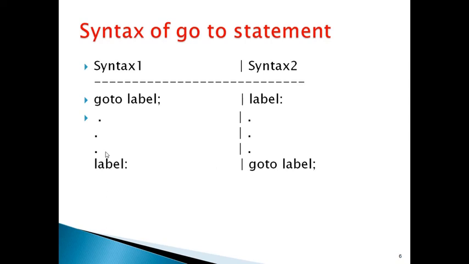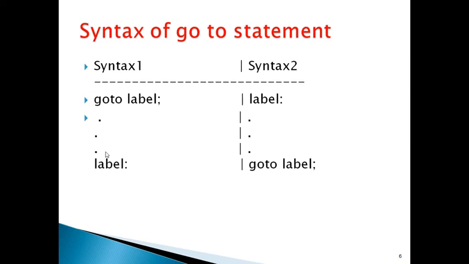It ignores the remaining instructions following the goto label statement. It executes the label instructions and follows the instructions after that label block. This is the thing in syntax 1.